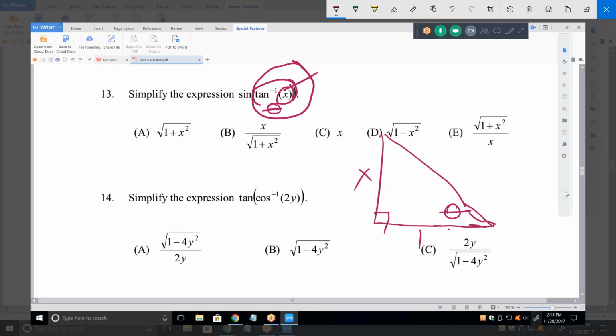And the tangent of theta is X over 1. We're looking for the inverse tangent of X, but that gives you this angle theta that I've labeled here. Now finish dimensioning this triangle. Once you get two sides of it, you can always use the Pythagorean theorem to get the third side. What has this got to be? Square root of what?